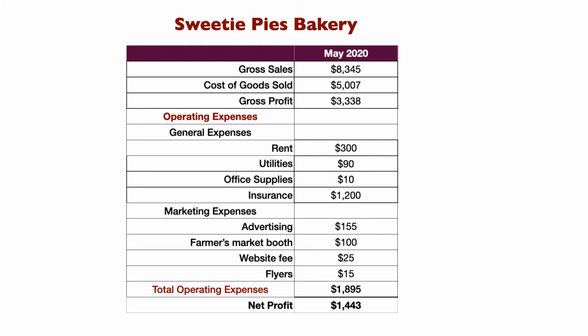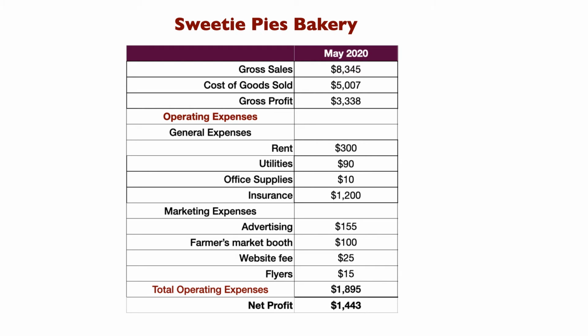And then from that gross profit, she takes out her operating expenses, which she's broken down into two general groups, general expenses and marketing expenses. You can see those listed there. When she takes her operating expenses out of gross profit, what's left is net profit, and you can see that's $1,443.